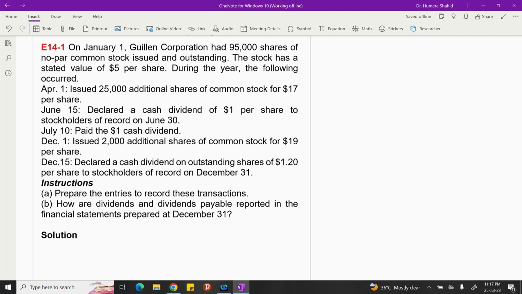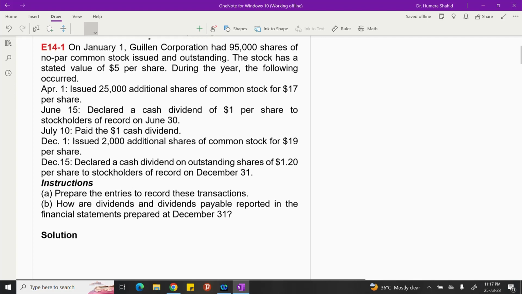We are supposed to, number one, prepare the entries to record these transactions, and then show how dividends and dividend payable are reported in the financial statements prepared at December 31st.